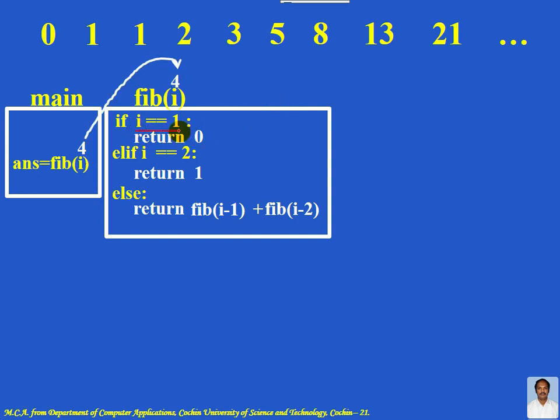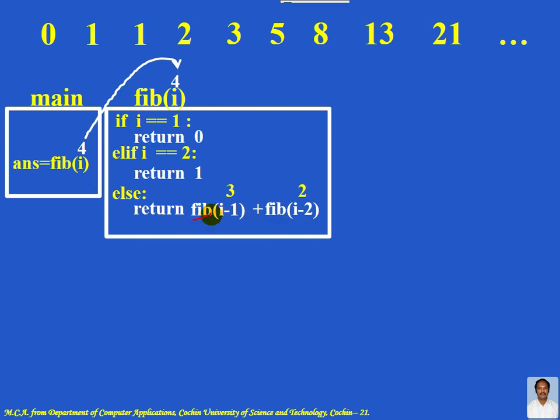Now 4 equal to 1, wrong, control comes to else part. 4 equal to 2, wrong, control comes to else part. Now return fib(4 minus 1), so return fib(3) plus fib(4 minus 2), fib(2). So here term 3 plus term 2 should be returned.